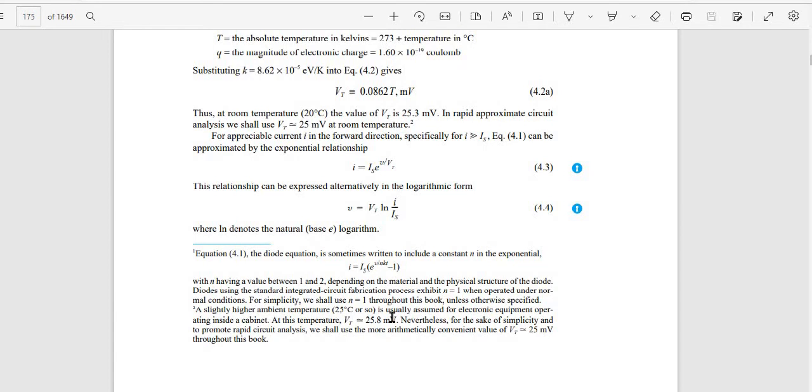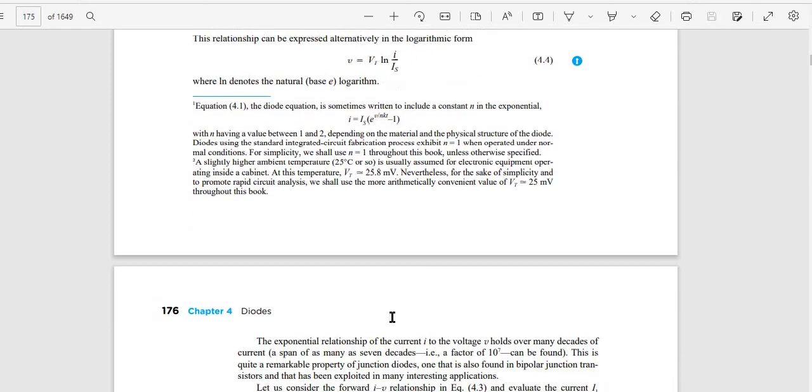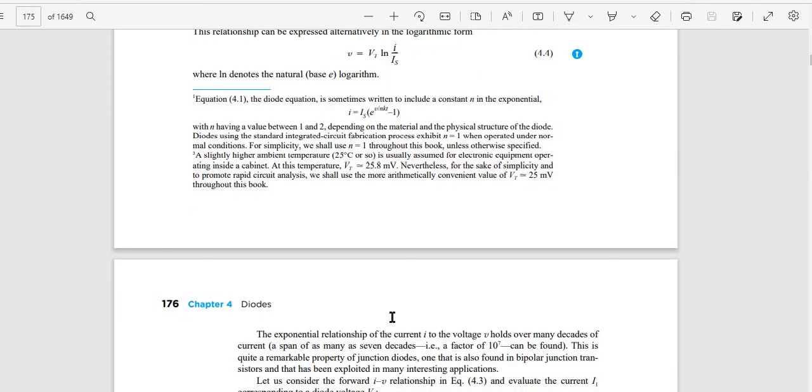Equation 4.1, the diode equation, is sometimes written to include a constant n in the exponential: I = Is (e to the power V over nVt minus 1), with n having a value between 1 and 2 depending on the material and physical structure of the diode.